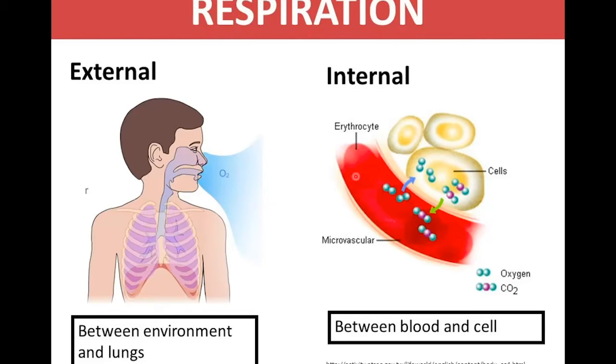Once in the blood capillaries within our tissues, that oxygen is able to then move into the cells, where the cells can use the oxygen to make ATP through aerobic respiration. So external respiration is the exchange of gases between the alveoli and the capillaries surrounding them, and internal respiration is between the blood capillaries and the tissue cells.